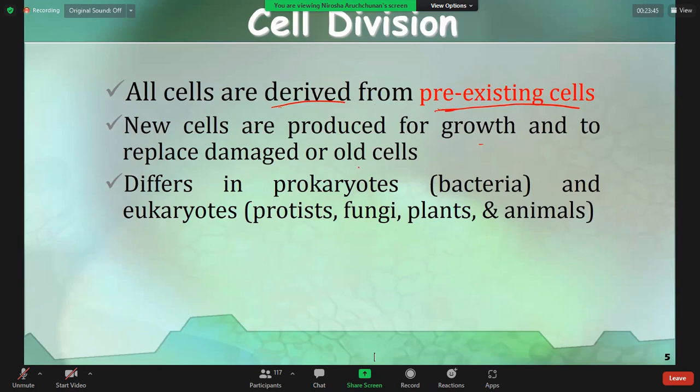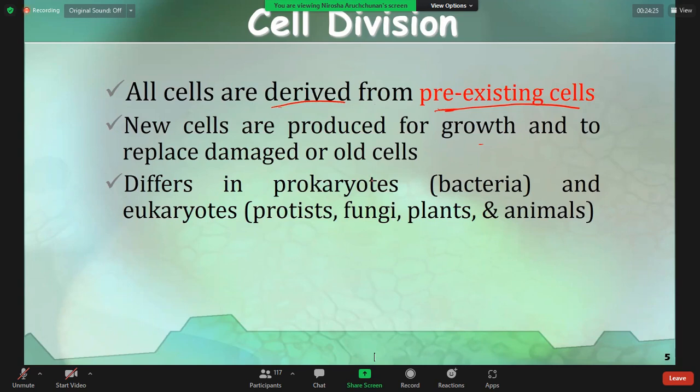We already discussed how the cell improves when damage or deterioration happens. If a particular cell is damaged or aged, it needs to be replaced by new cells, and only then will the organ function properly.